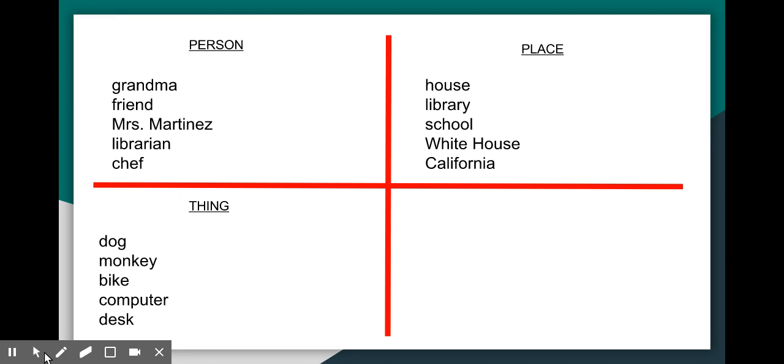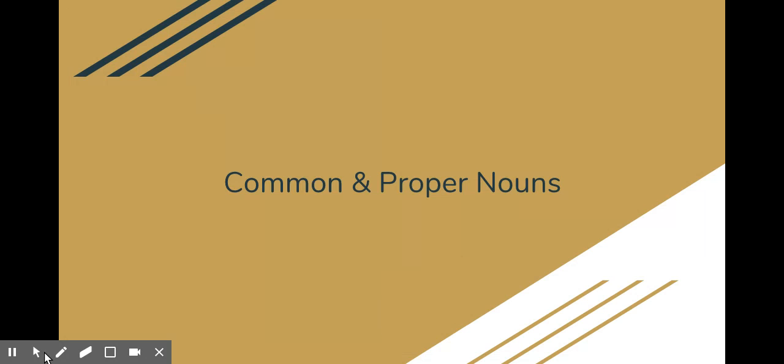Things would be things like a dog, monkey, a bike, a computer, a desk. And then we have ideas, which get very abstract. Things like love, honor, trust, peace, and labor. Those are things that we can't touch. But all of these are nouns, and we can categorize all of these nouns.